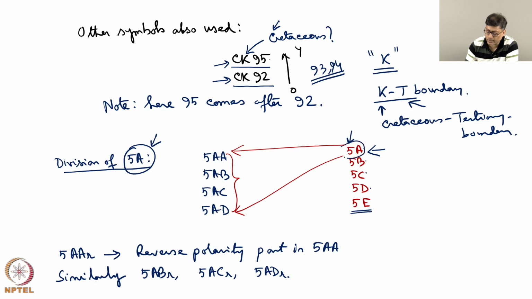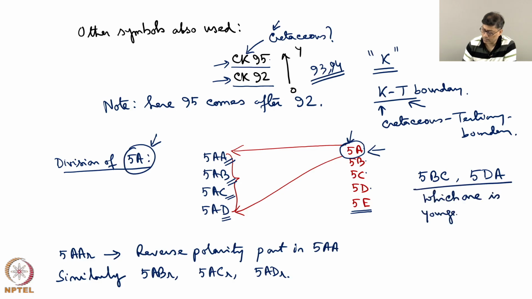Now, if I want to break this 5A into several parts, again D will be the oldest, C younger, B still younger and A the youngest. So, if I say 5BC and 5DA, which one is younger? I am asking the students to find out based on this lecture.